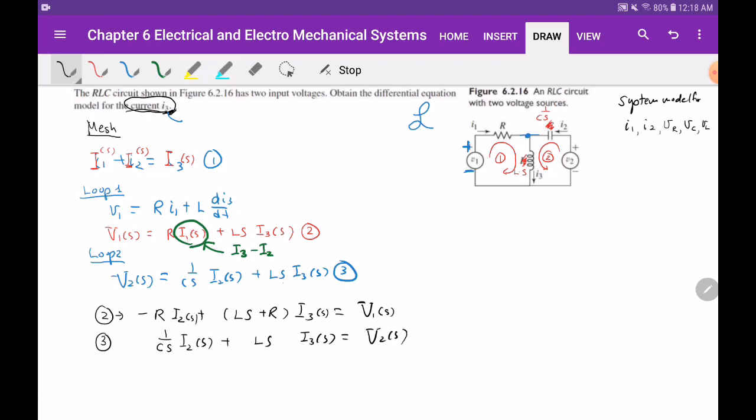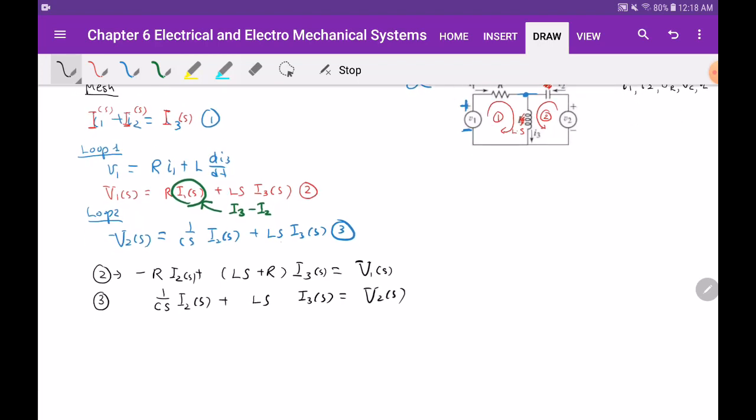That's your second equation, and I1 is I3 minus I2. Yep, that looks right. It's a little convenient if you happen to know that LS has a unit of ohms.